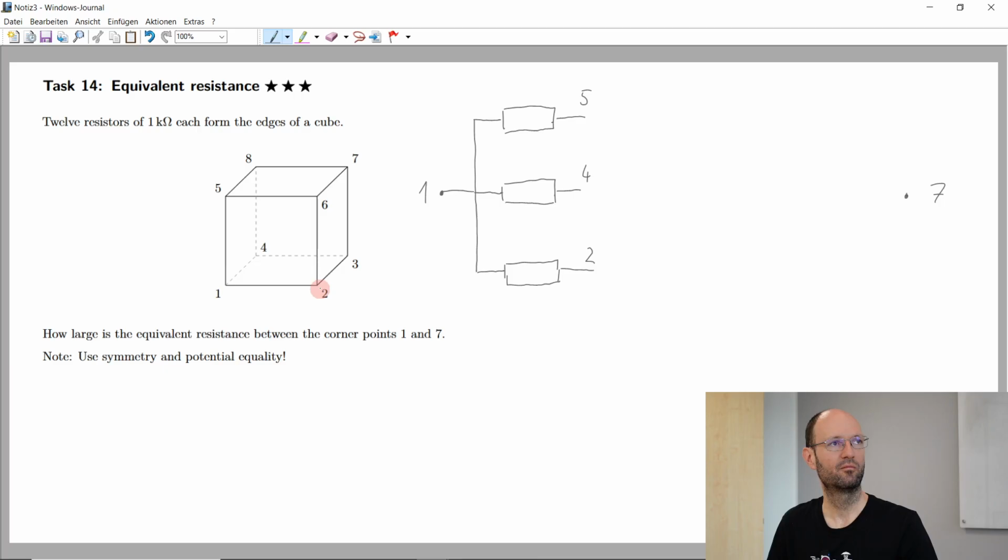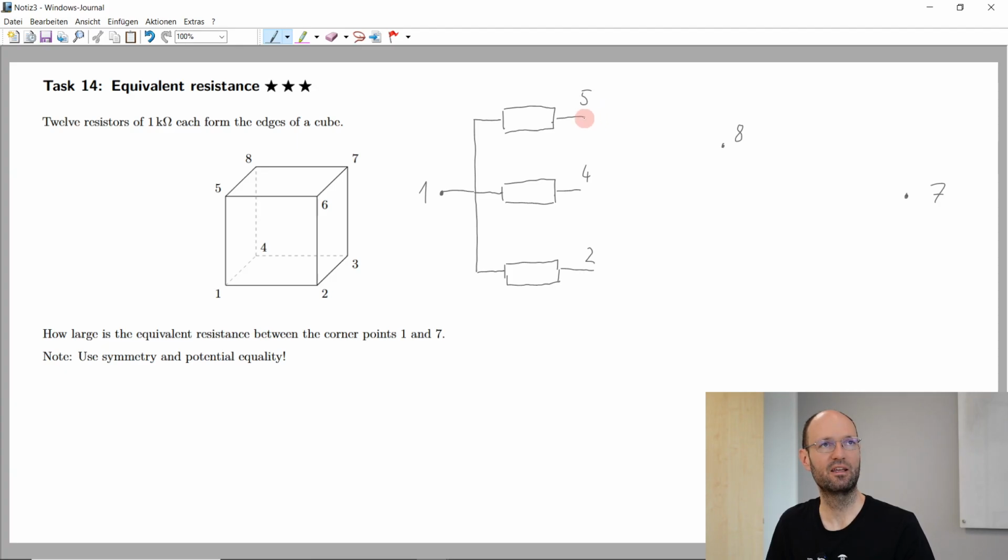From node 2, we can also go to 6 and to 3, and from 4 we can go to 3 and to 8. So from 5 and 4 we can go to 8. So I should draw the 8 maybe somewhere here. So here we can go to, this should be 8.